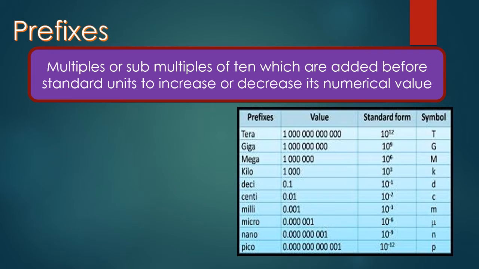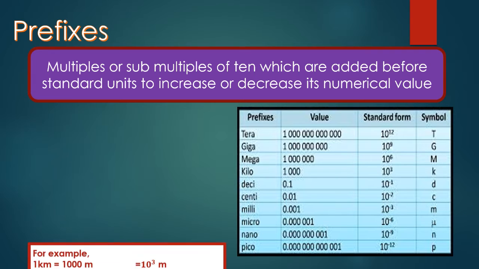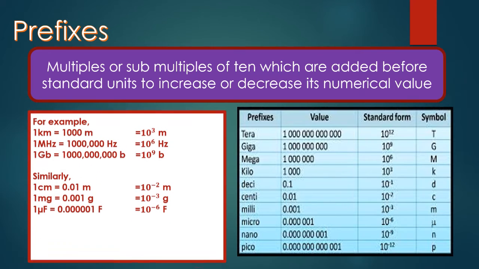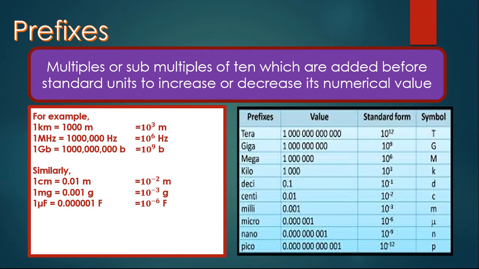How do we use these prefixes and what do they tell us? For example, 1 kilometer means we have 1000 meters. Similarly, if we say we have 1 megahertz frequency, it means we have 1 million hertz frequency.